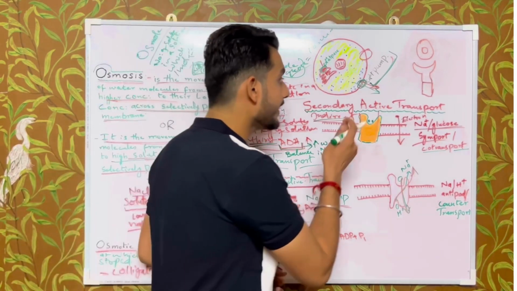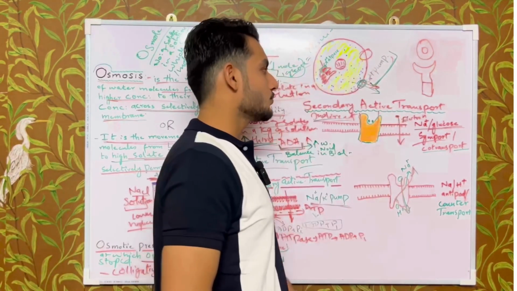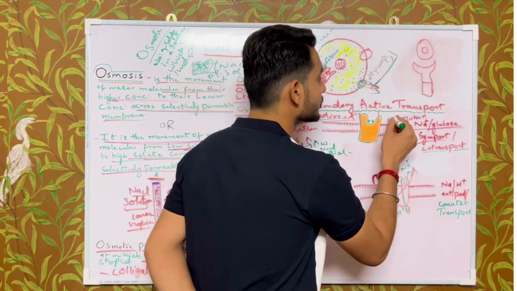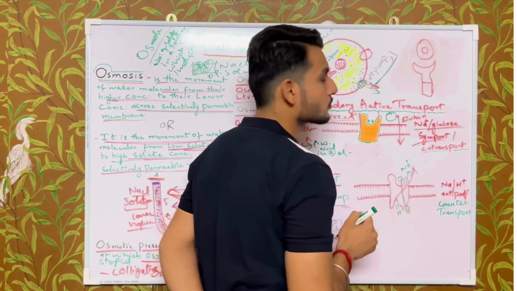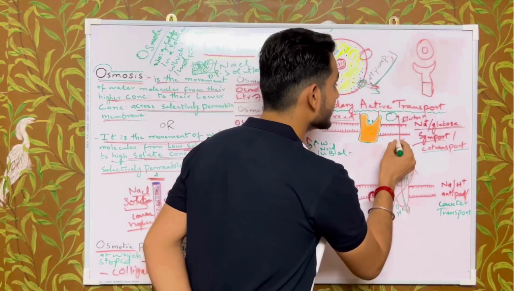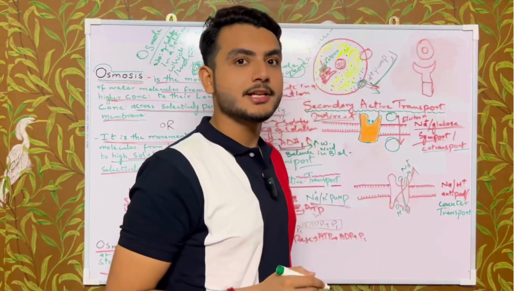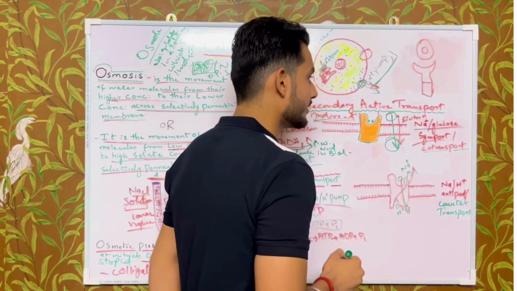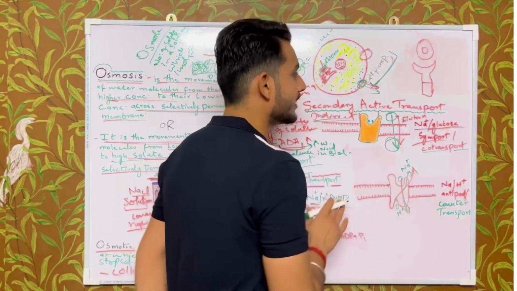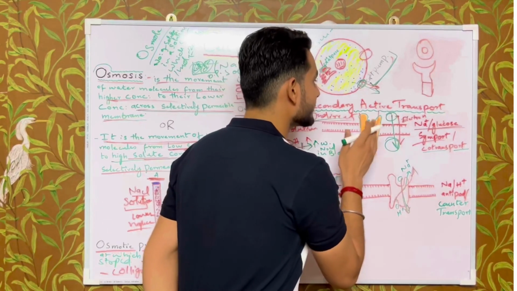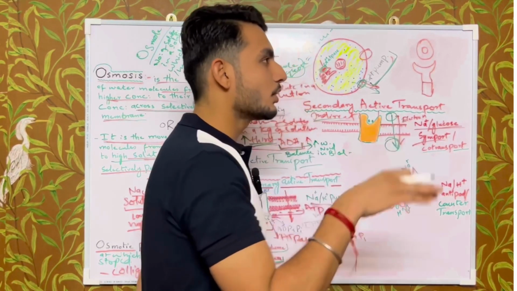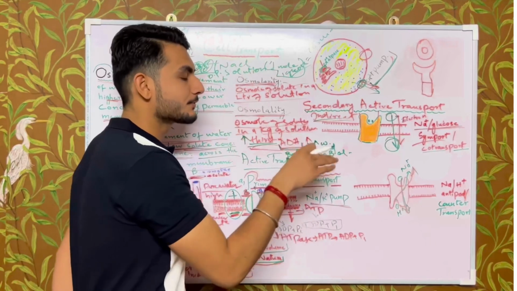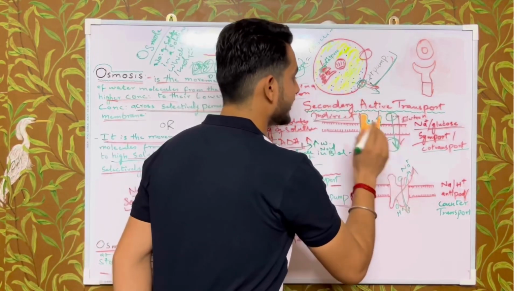So an electrochemical gradient of sodium is generated, with increased sodium concentration outside the cell and decreased sodium concentration inside the cell. So this sodium always tends to come inside the cell, but cannot pass through the lipid bilayer. There must be some transporters implanted within the cell, which cause the movement of sodium from outside to inside.